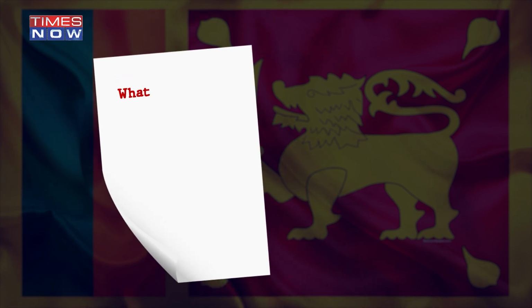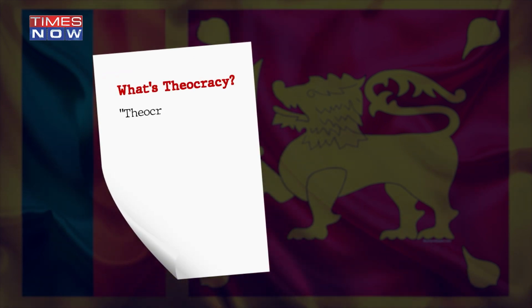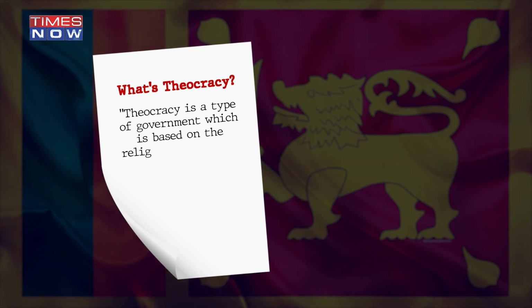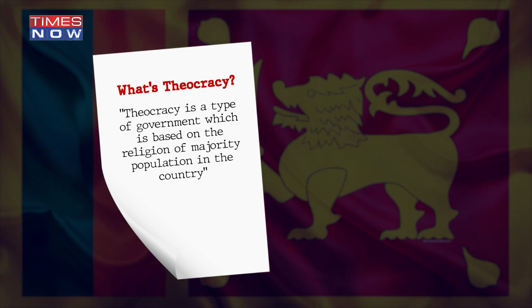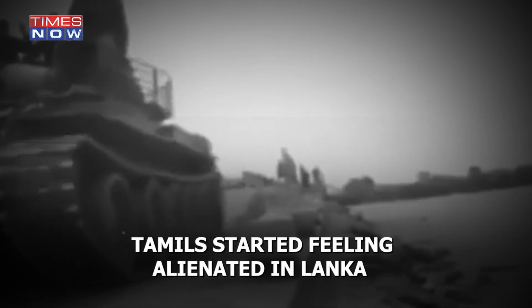What's a theocratic republic? It's a republic where a particular community or a caste or a group of people become the dominant element and other citizens are second class. And therefore, the Tamils began to feel short-shifted.